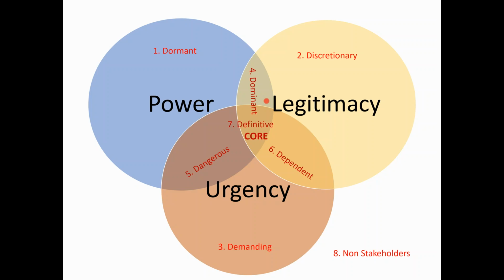Okay. But you see, if our stakeholder doesn't have power or urgency, and he just has maybe ethical values or something like that, then it is upon the program manager whether he can accommodate him or not. If he can, he sure will. But if he can't, then he is not doing anything wrong. So this is why I'm calling it discretionary.